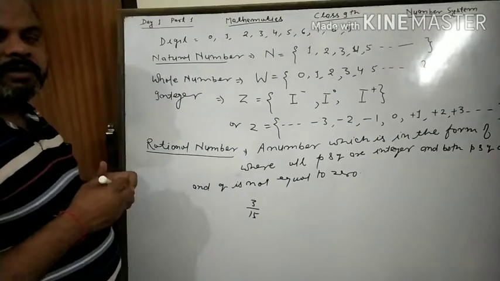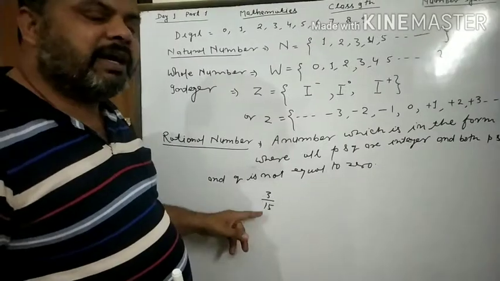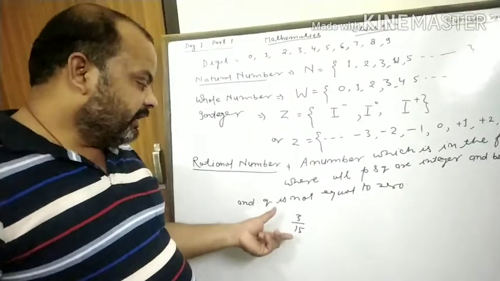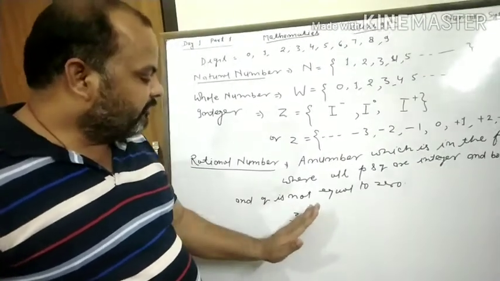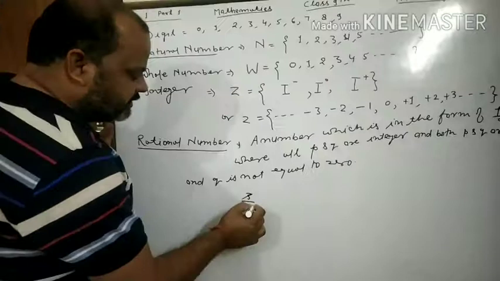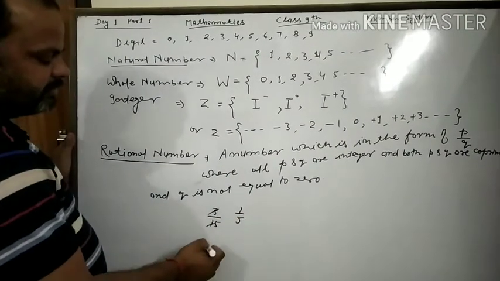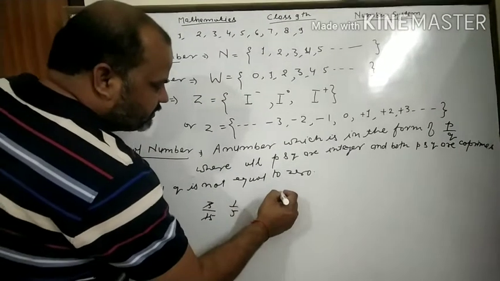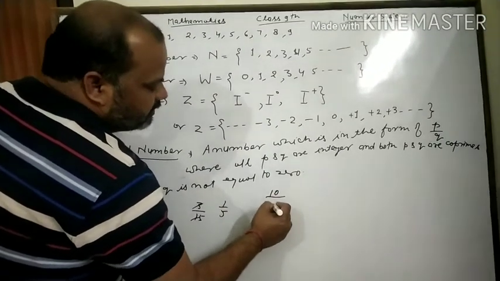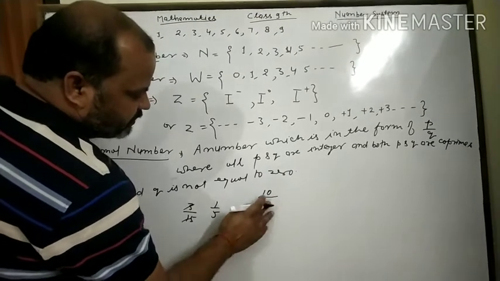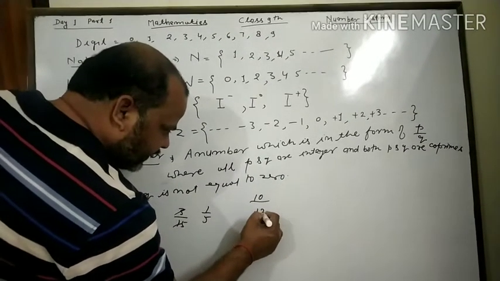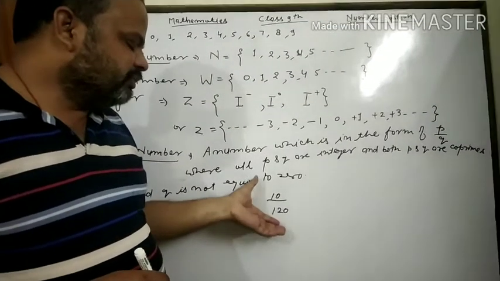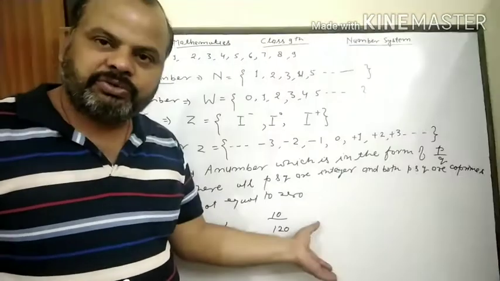It is a rational number, but it is not co-prime because their HCF is 3. Clear? But it is a rational number. When you write it in simplest form, you can write it as 1 upon 5. Clear? Then 10 upon 120 is also a rational number, but you can reduce it. Clear?